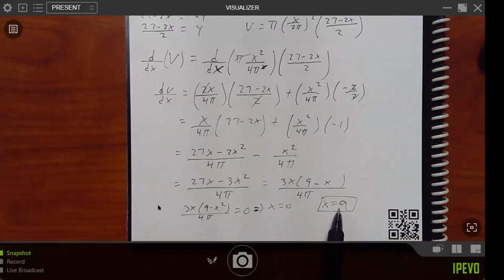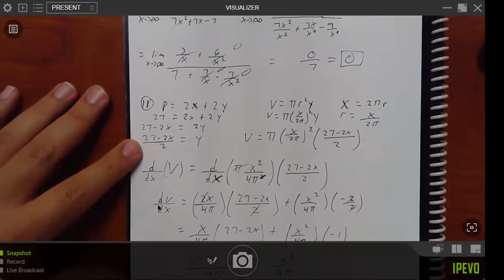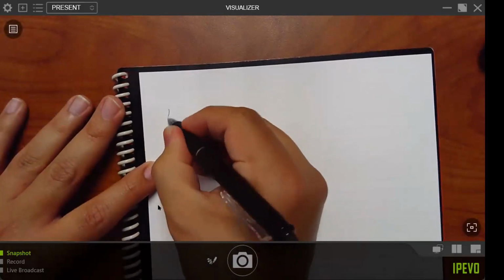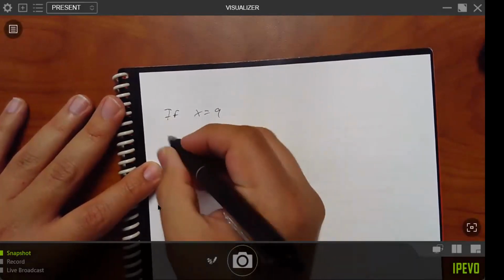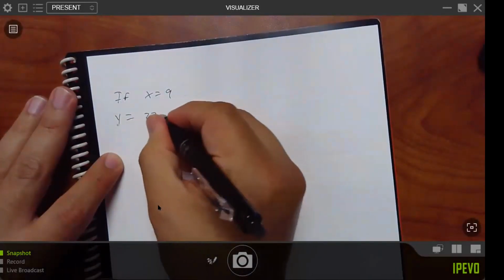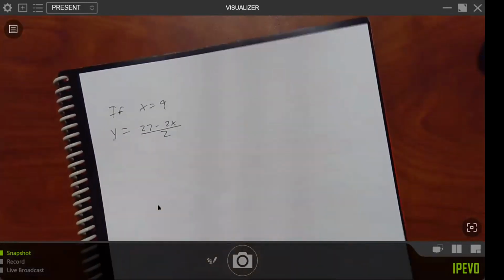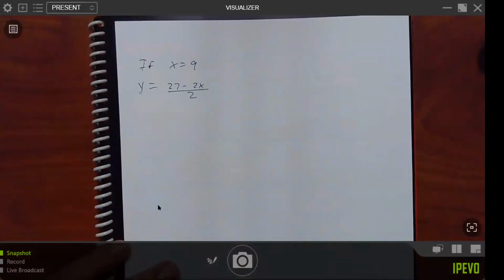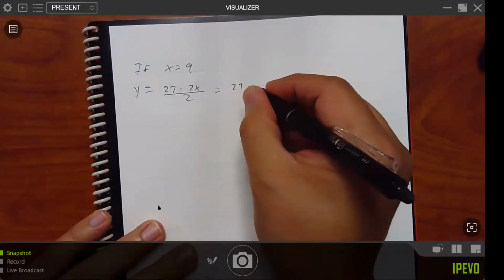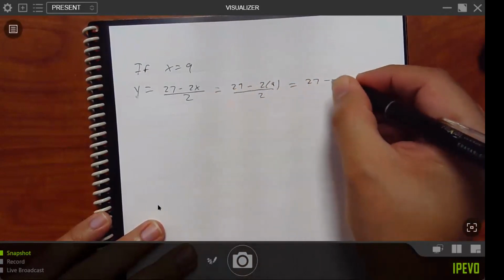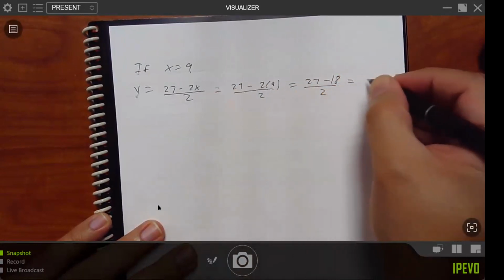So now plug this into an equation that has y. Be this one. Don't matter. So if x is 9 and y is equal to, that means that y is 27 minus 2 times 9 over 2, which is 27 minus 18 over 2, which is 9 over 2.